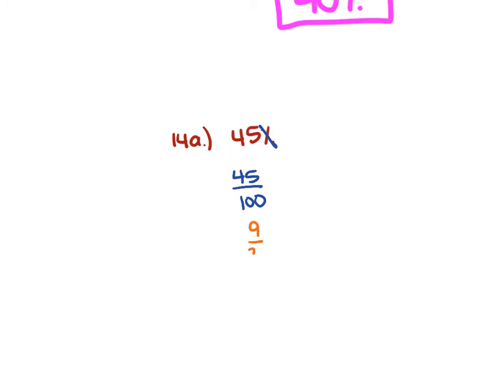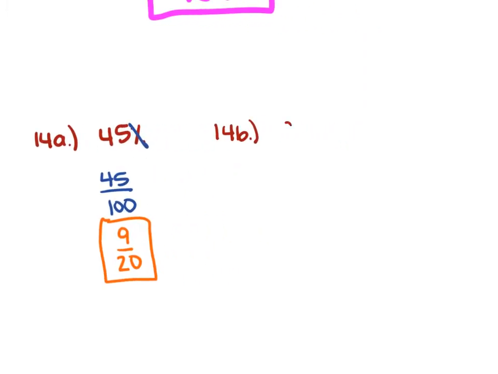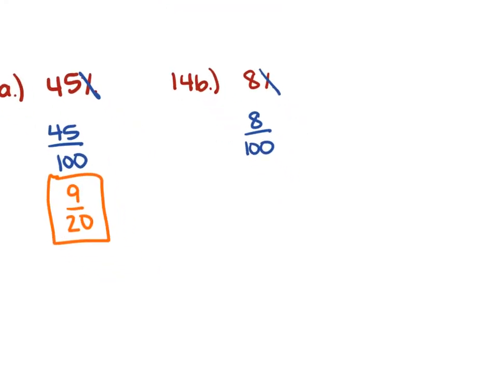This is going to be 9 over 20. For B, we are given 8%. So again, I'm going to drop the percent sign and put the 8 over 100. They both are divisible by 4, so this is going to be 2 over 25.